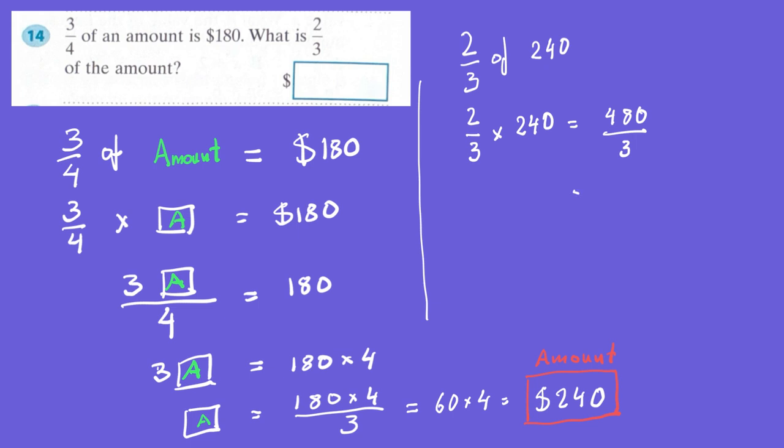And if you do that division, you'll get $160. So I can write that in my answer, 160.